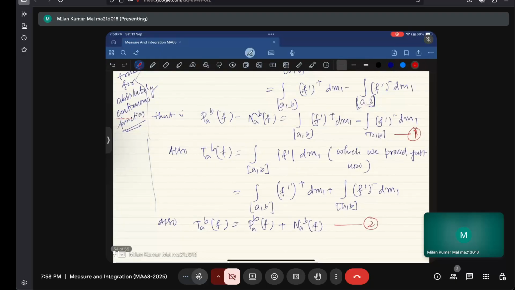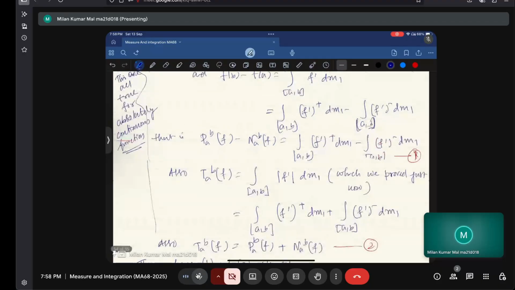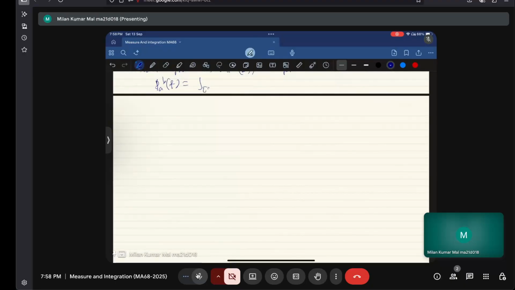Now clearly, from 1 and 2 we get PABF is equal to the integral from a to b of f dash plus dm1, and NABF is equal to the integral from a to b of f dash minus dm1.